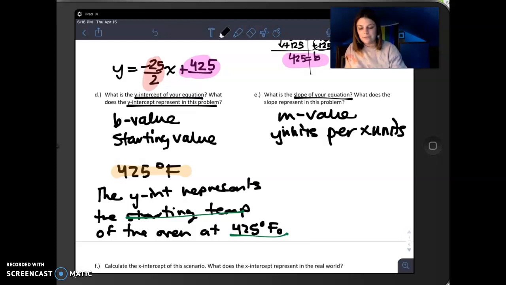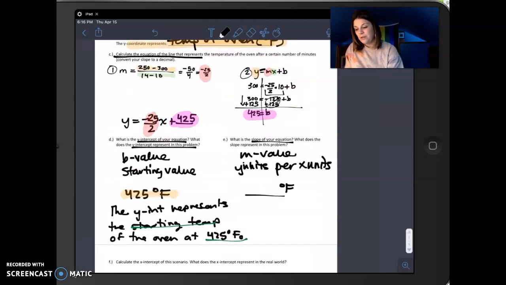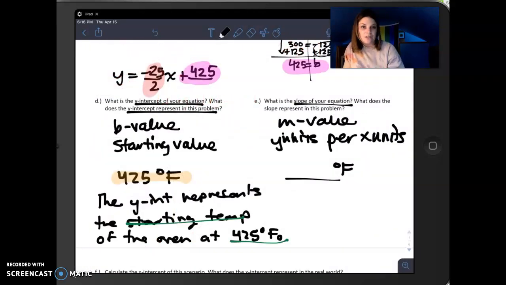Let's break that down. Our y units are degrees Fahrenheit from our two coordinate values, and our x units are minutes after the oven is turned off. So we're just going to say minutes. From the equation, we can see that it's negative 25 degrees Fahrenheit per 2 minutes.